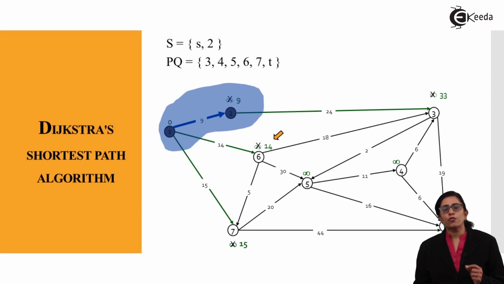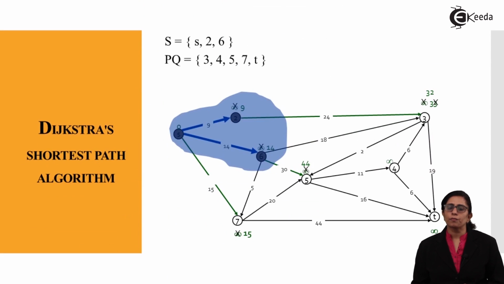The out arrows from 14, that is from node number 6: from 6 I can travel to 3, from 6 I can travel to 5, and from 6 I can travel to 7. So these 3 nodes can be visited from my new start node, where I can find the shortest path first.